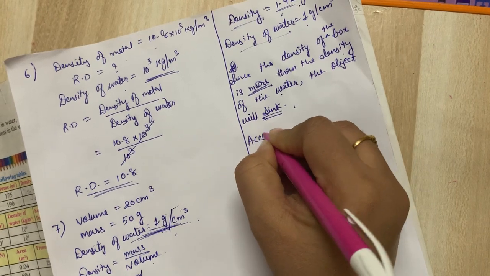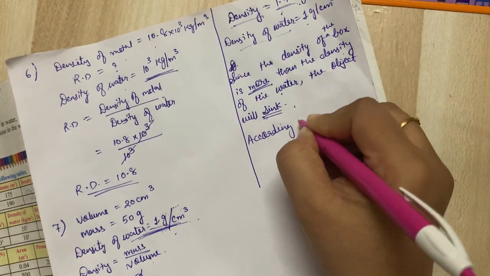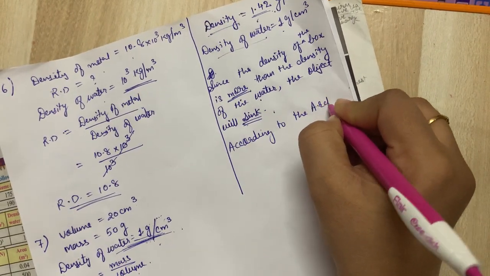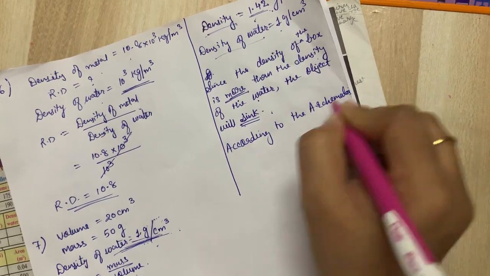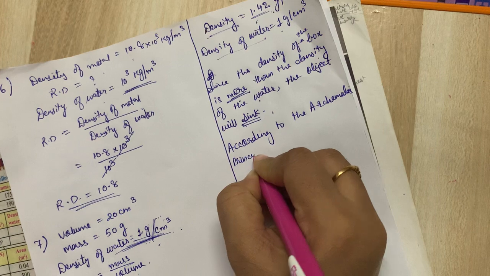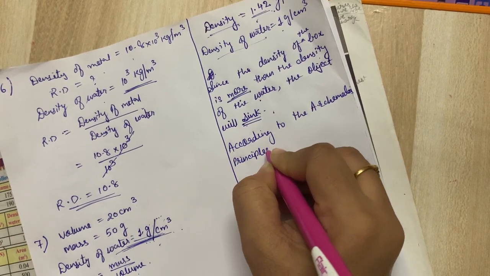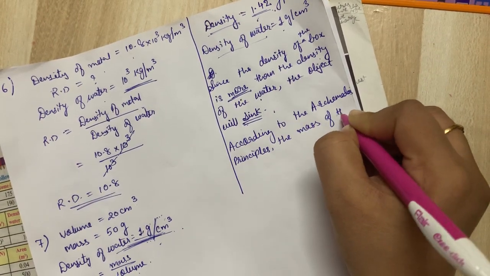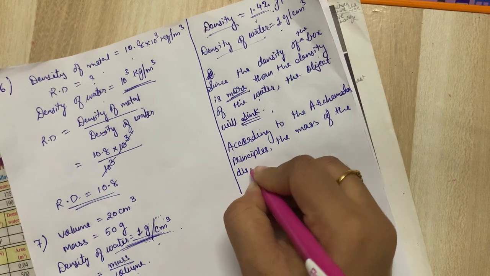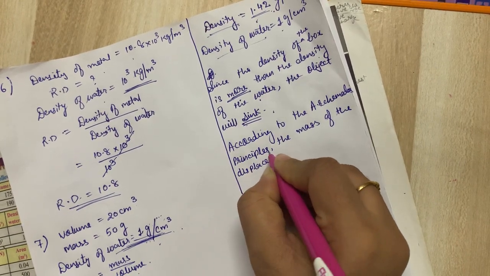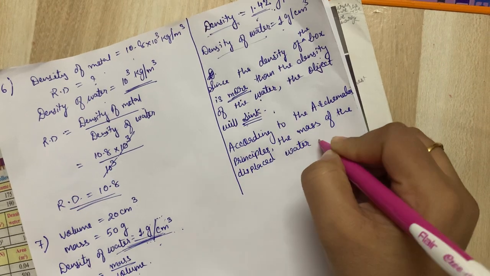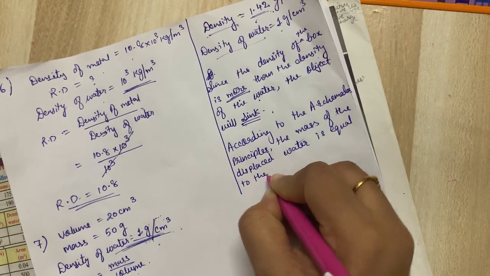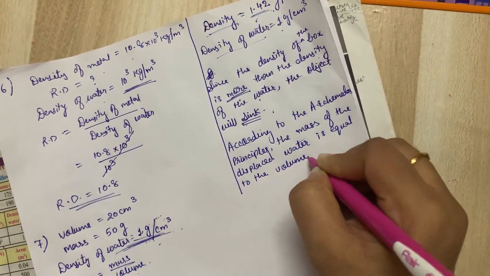So what reason will you write? You have to write: according to the Archimedes principle, the mass of the displaced water is equal to the volume of the box.